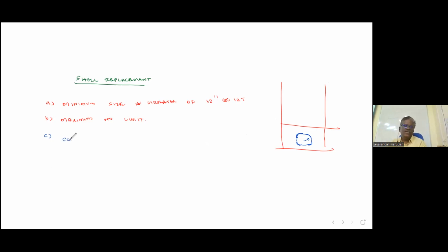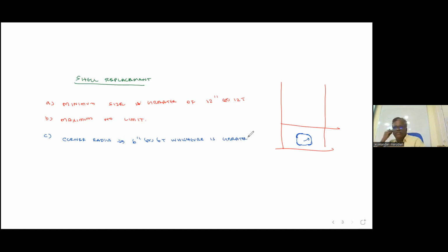So corner radius is 6" or 6T, whichever is greater. Okay, this point you have to remember.